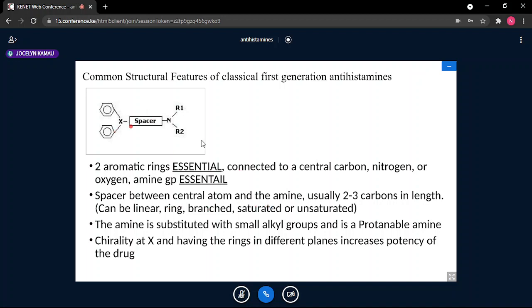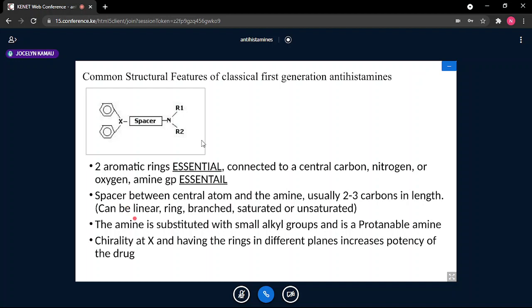Between the central atom and the amine, when we look at this spacer, that spacer between the central atom and the terminal nitrogen is usually 2 to 3 carbons in length. It can be linear. We have mentioned that. It can be a heterocyclic ring. It can be branched. It can be saturated or unsaturated. When we look at the specific compounds, what I need you to do is come back to this point.